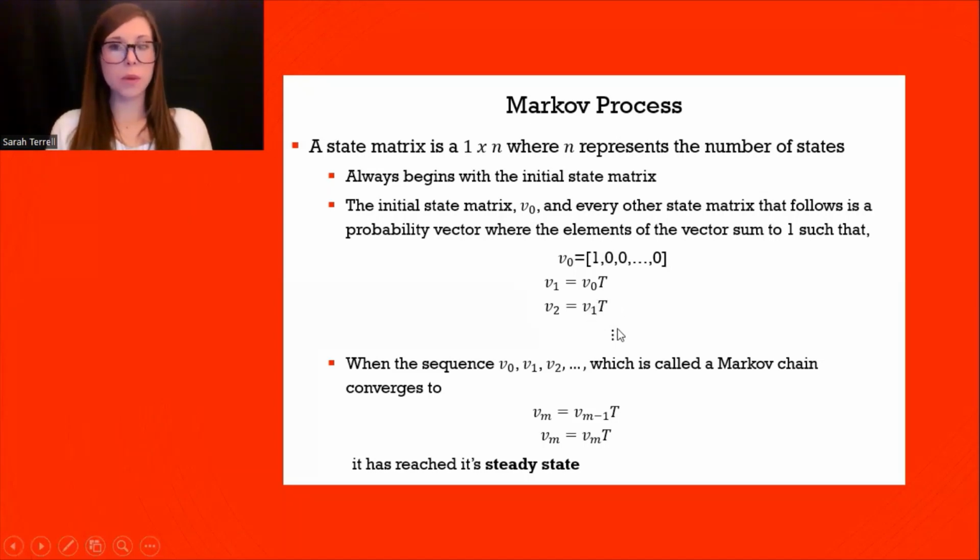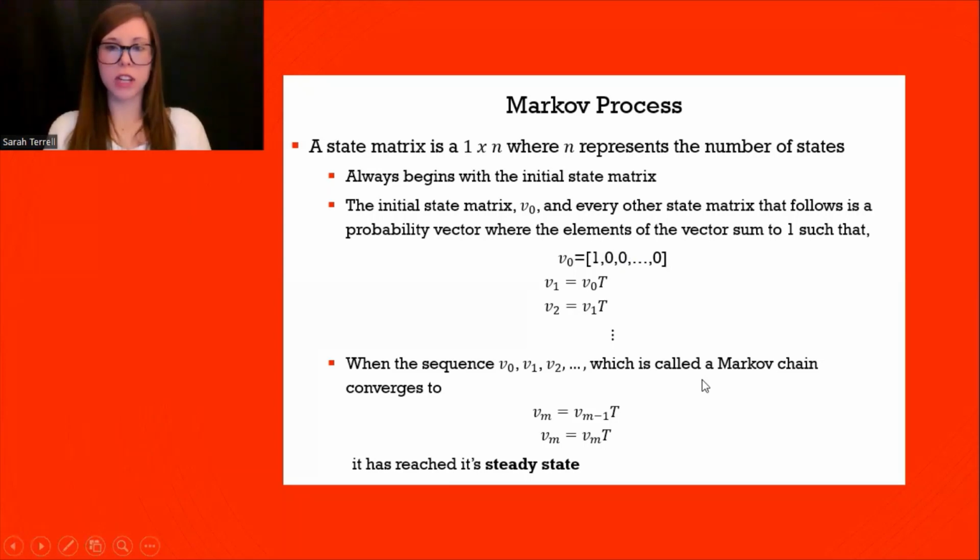From there, we get V2. We just continue this process and obtain a sequence, which is called a Markov chain. And eventually, your Markov chain converges. Not in all processes, but in ours it did.